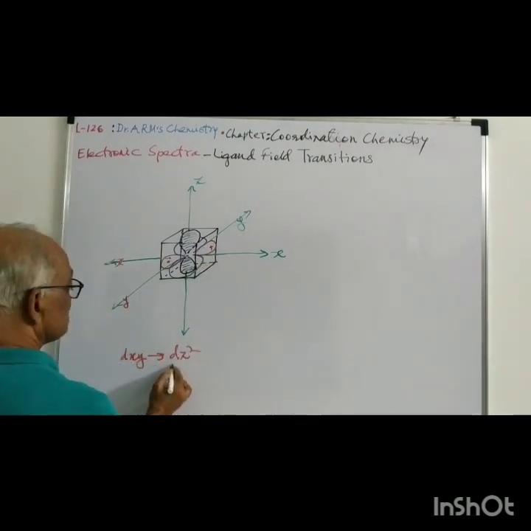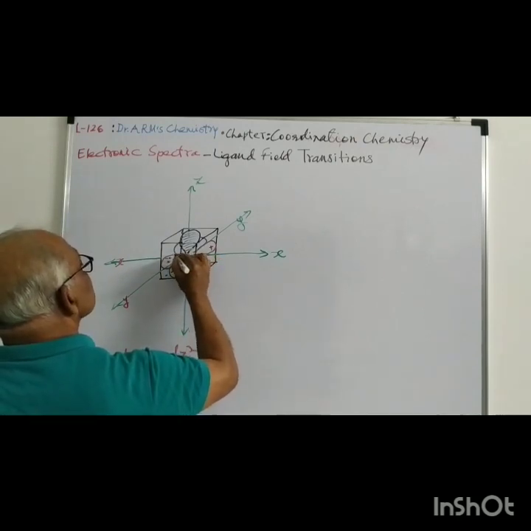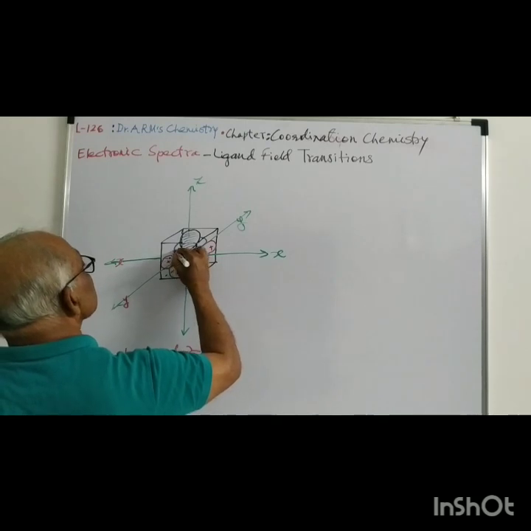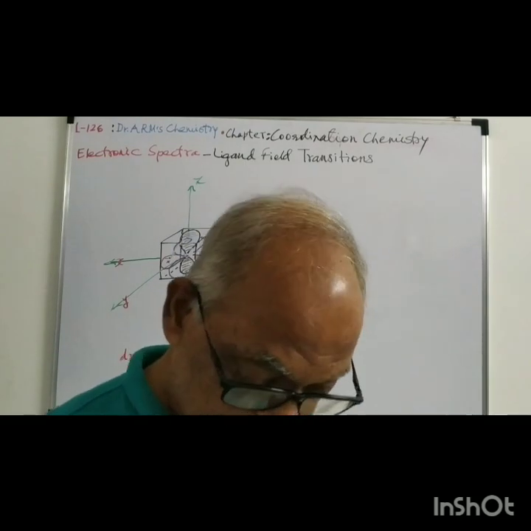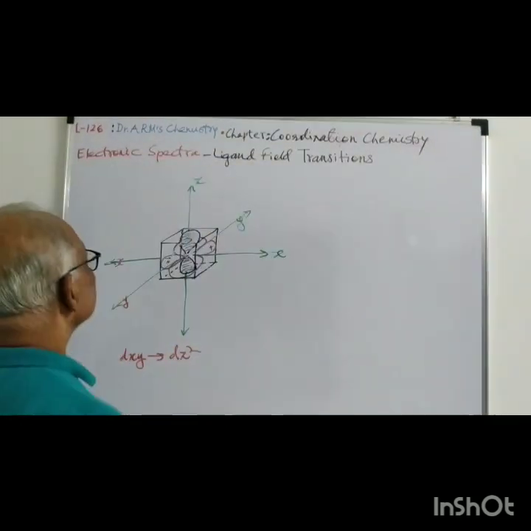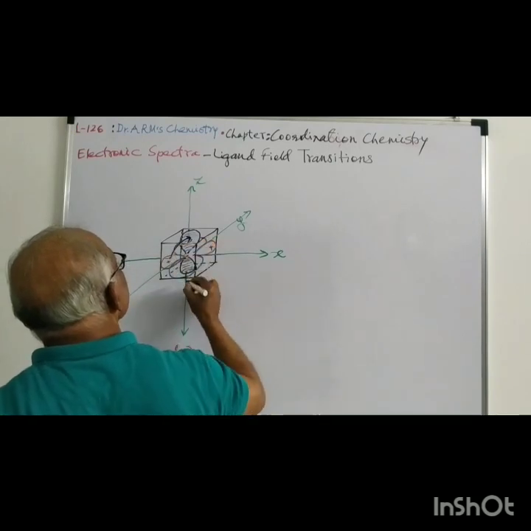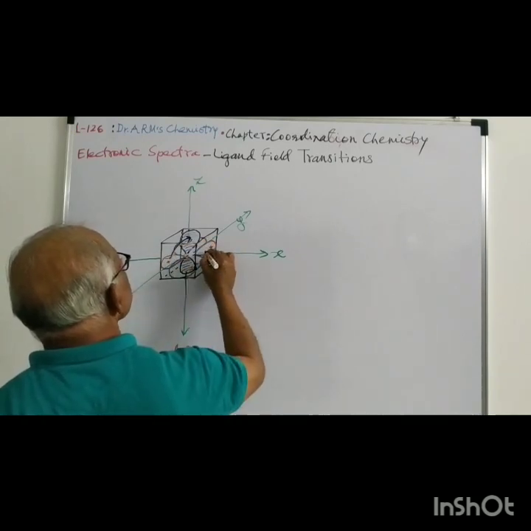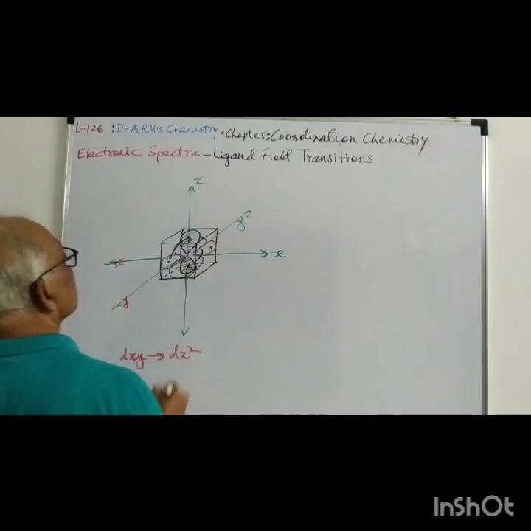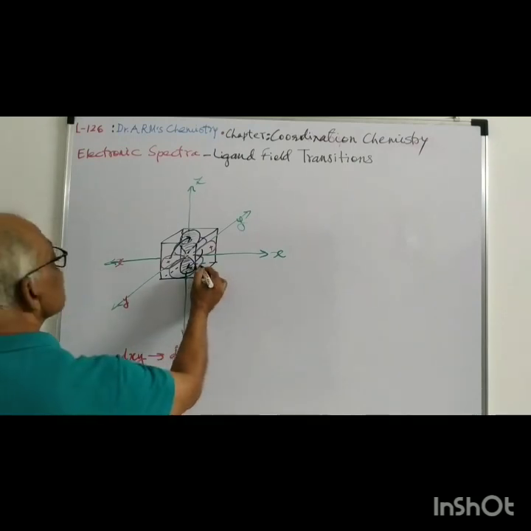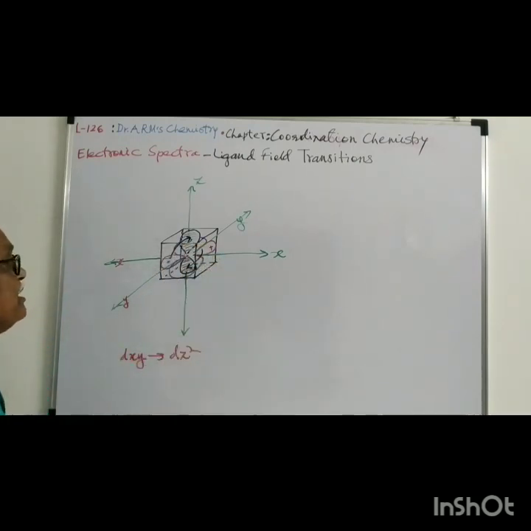So when this transition takes place, the electron is moving from these dxy orbitals to this dz2 orbital, like this. Either this or these two electrons are moving in this way.